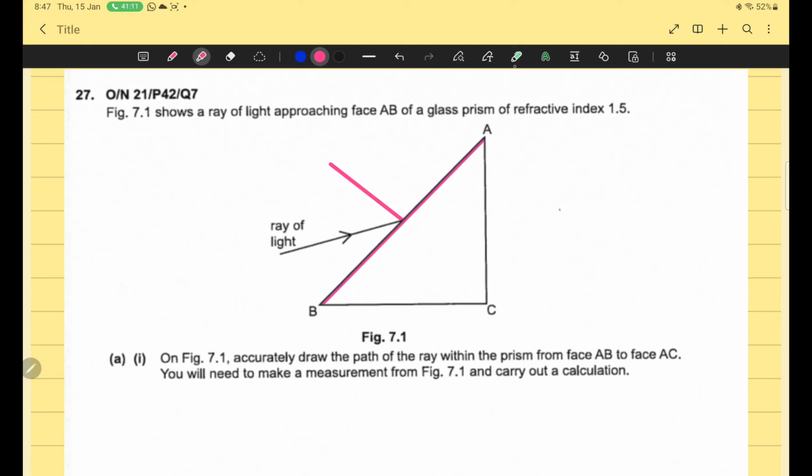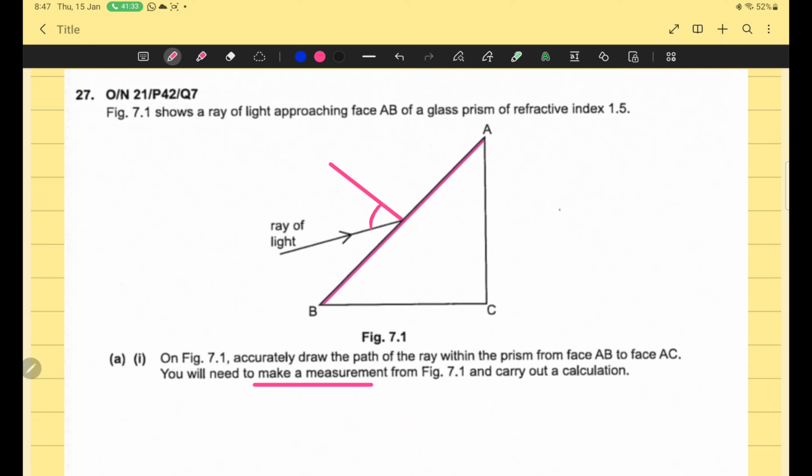And the question is make measurement. So you have to measure this angle by using protractor.